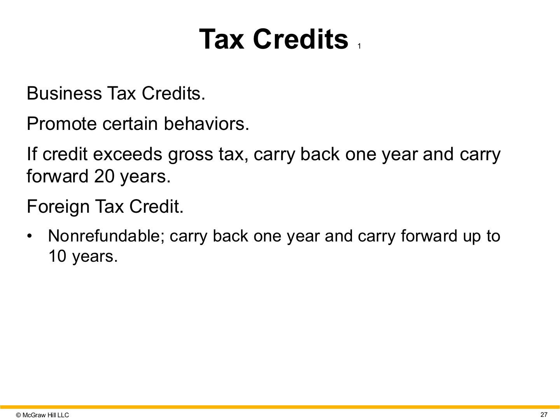Business tax credits are non-refundable credits. However, if the credit exceeds the gross tax for the year, then the credit can be carried back 1 year and carried forward 20 years.